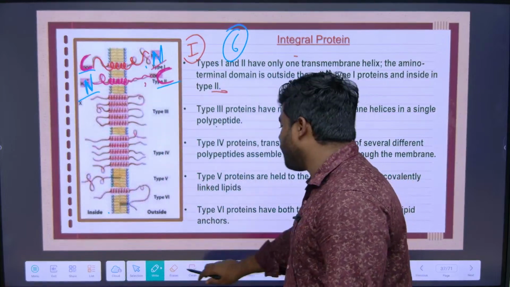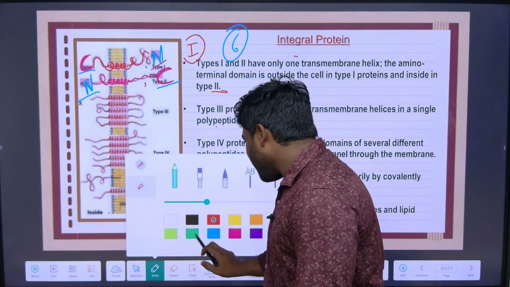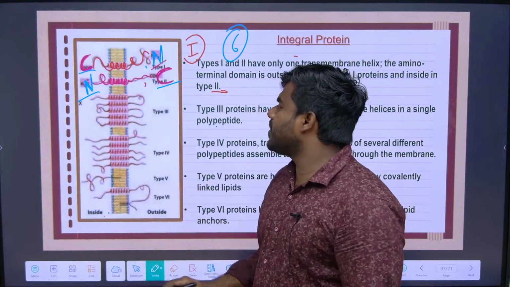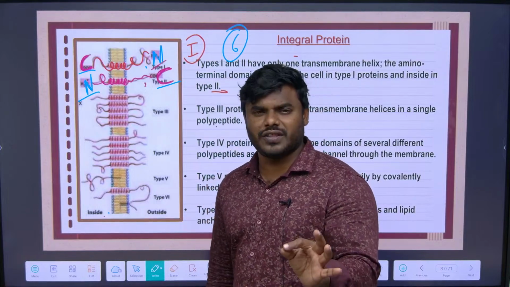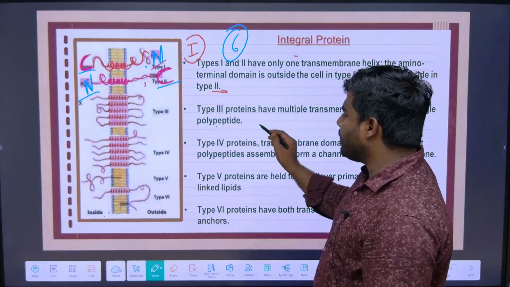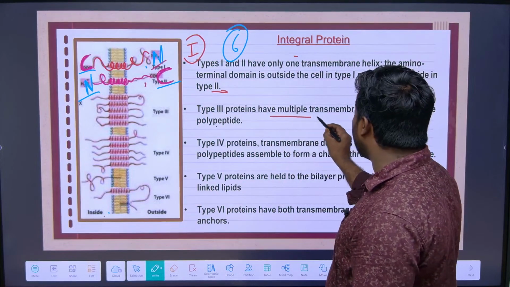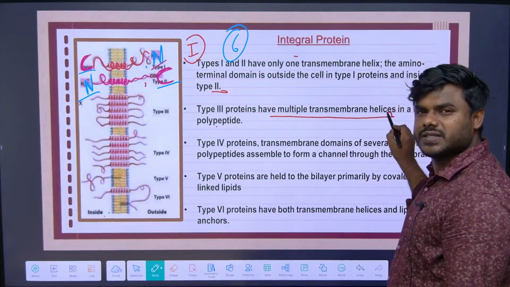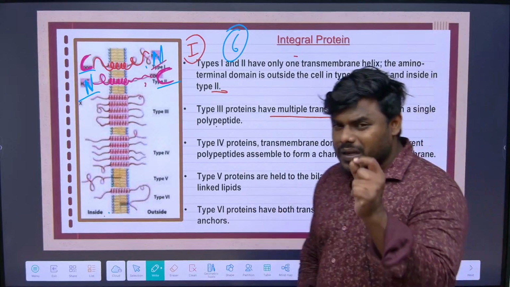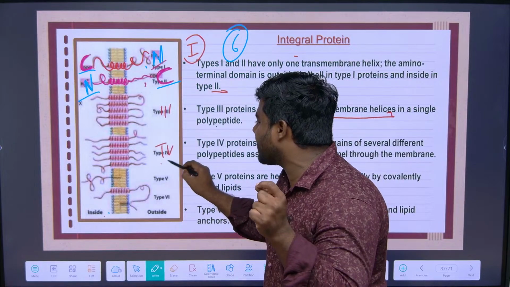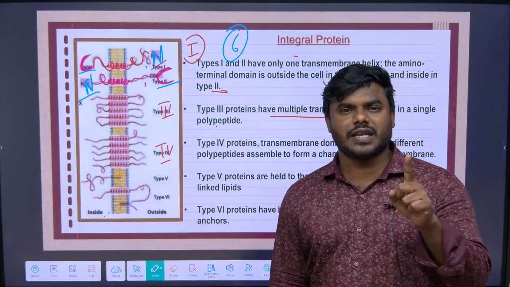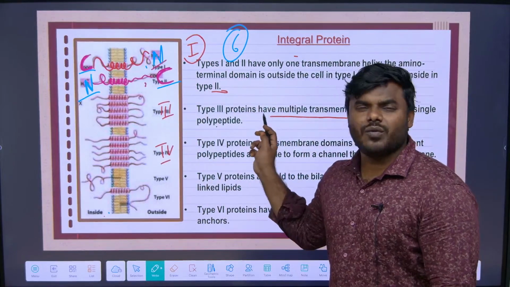Now friends, everyone focus on the picture. If you look into the type 3 integral membrane proteins, you have to remember the properties compulsorily for the exam. The type 3 proteins have multiple transmembrane helices. What does it mean, friends? Because I want every student to remember the difference between the type 3 and type 4 compulsorily.